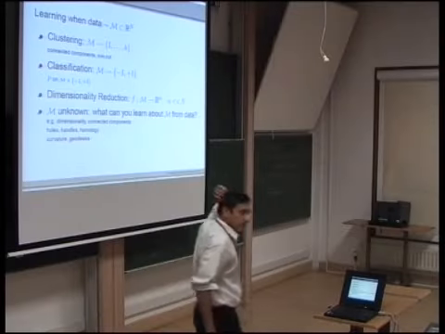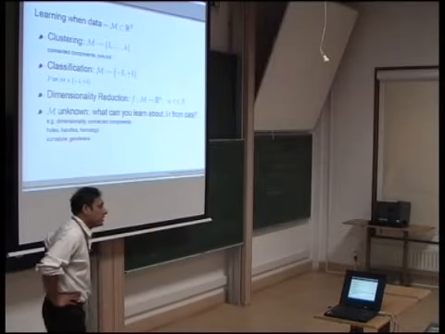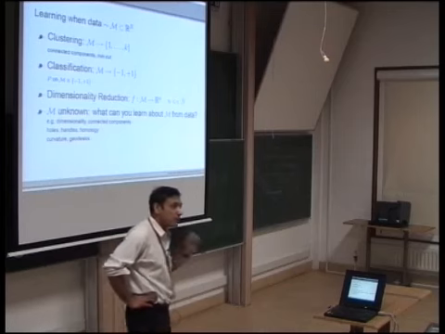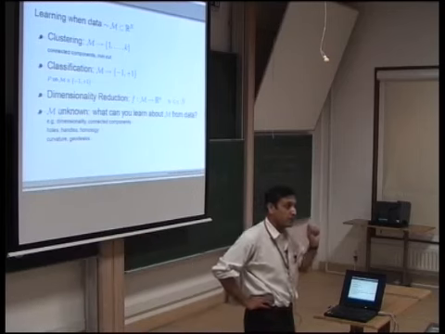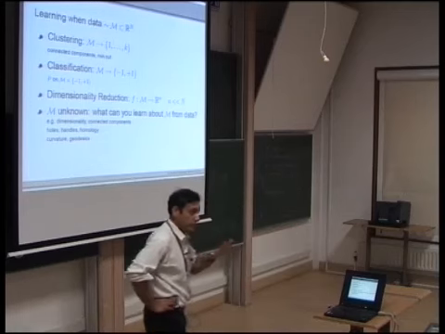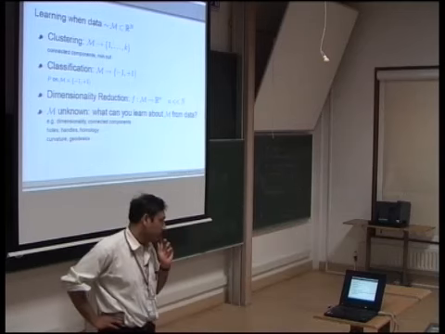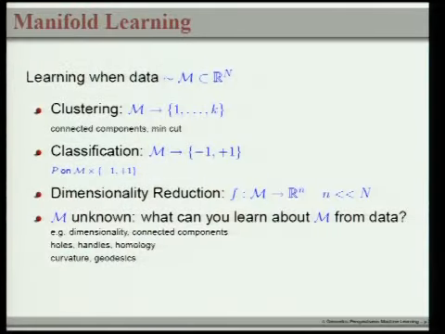So, manifold learning. Manifold learning is not really a single problem. A lot of people think it's actually nonlinear dimensionality reduction. So, I just want to emphasize that it is not. Manifold learning is really a collection of problems unified by a common assumption, and that common assumption is that the data lives on some submanifold M of R^n.